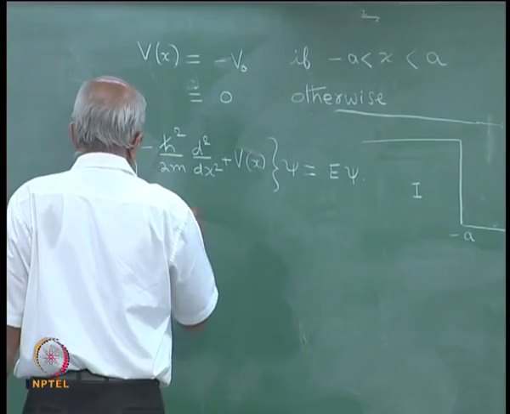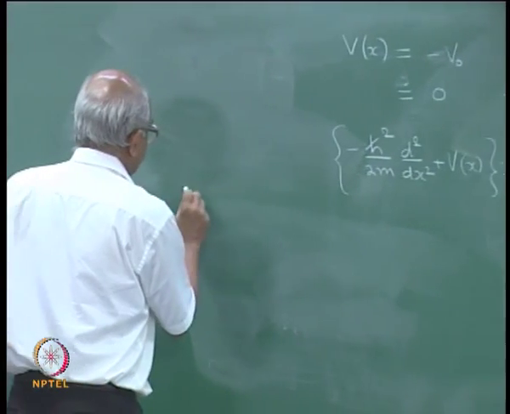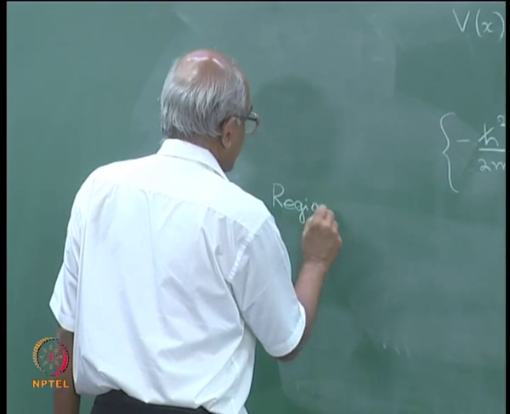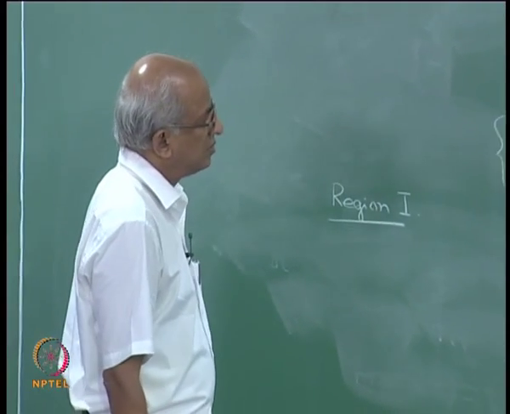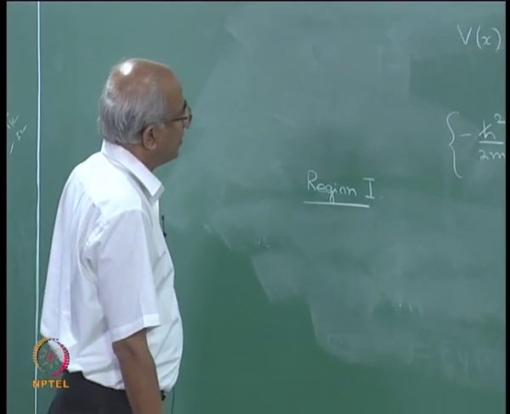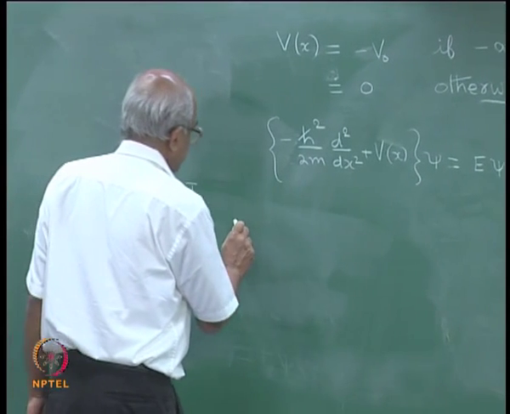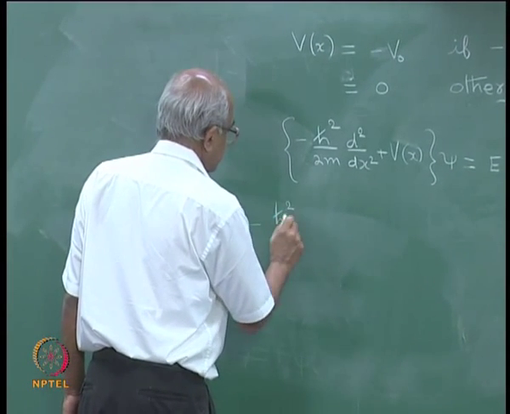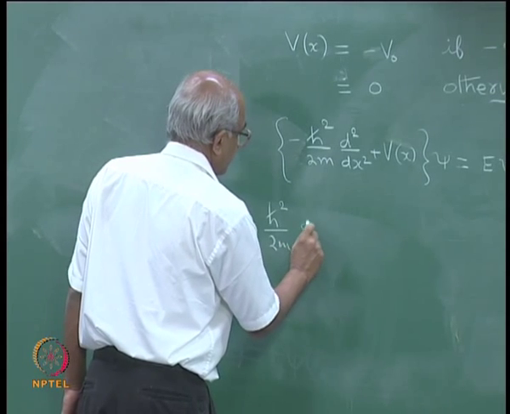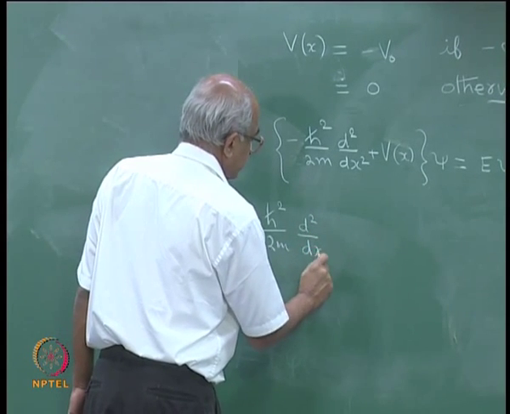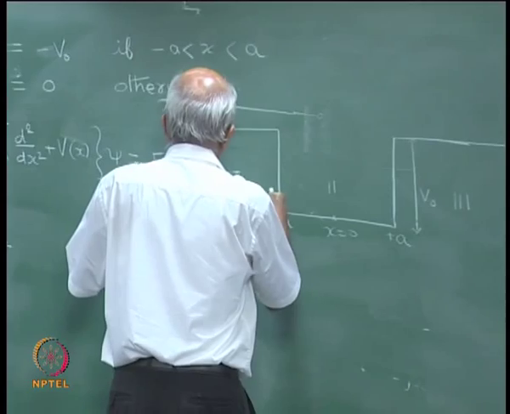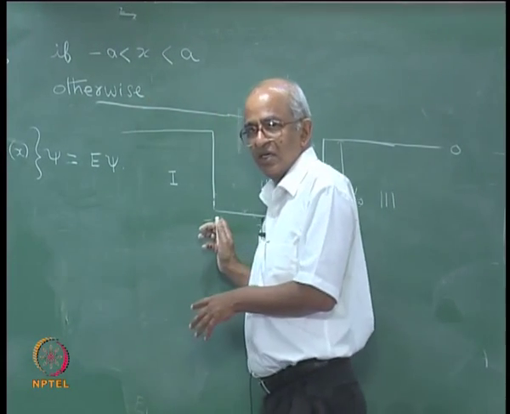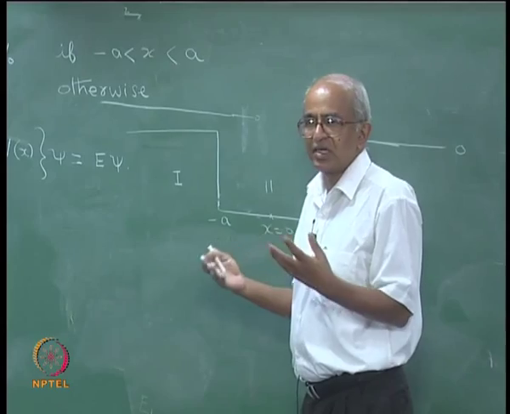I will first think of region 1. In region 1, what is going to happen to this differential equation? I will have minus h cross square by 2m d square upon dx square. Region 1 is the region where the value of x is less than minus a, and in that region, what is the potential energy of the system?